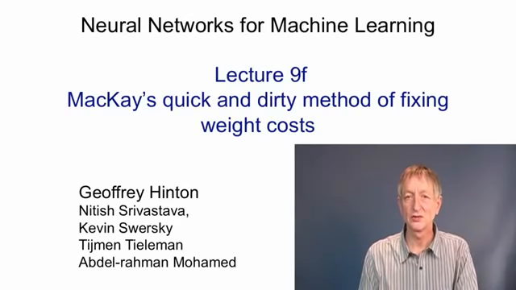MacKay showed that we can empirically fit both the weight penalties and the assumed noise in the output of the neural net, to get a method for fitting weight penalties that does not require a validation set. This allows us to have different weight penalties for different subsets of the connections in a network, something that would be very expensive to do using validation sets. MacKay went on to win competitions using this kind of method.